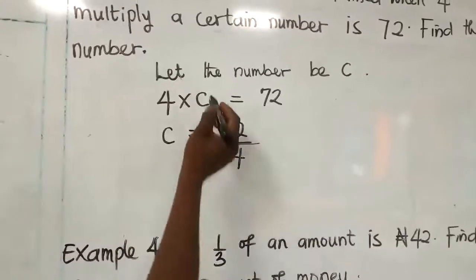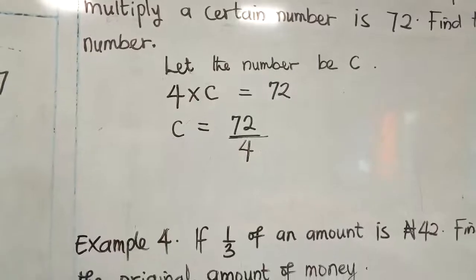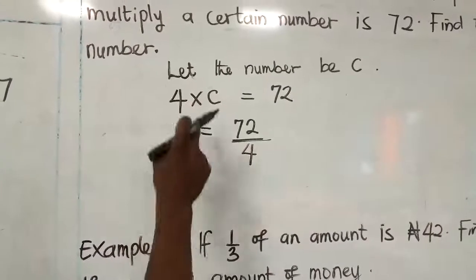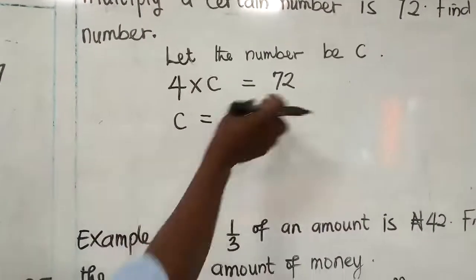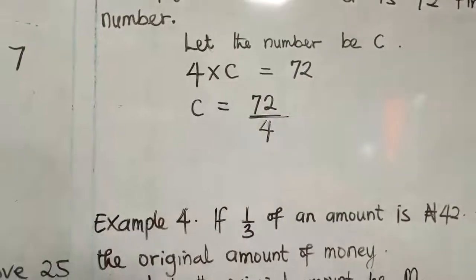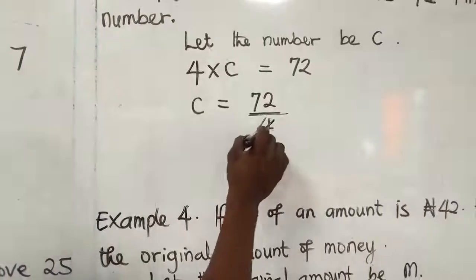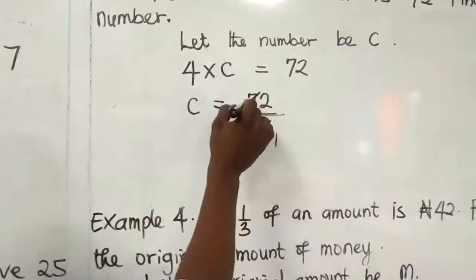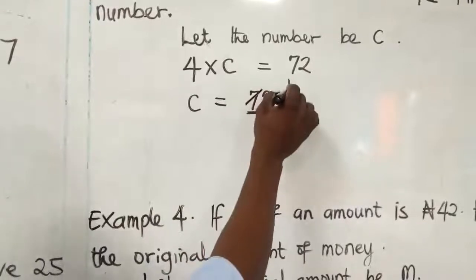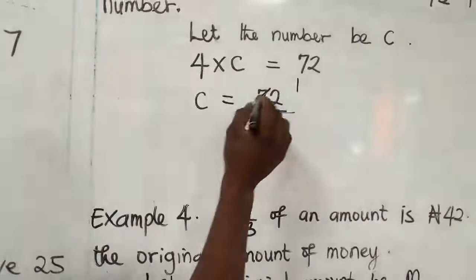Like I said before, we are going to use the inverse of multiplication, which is division, to get our answer. So our C now will be 72 divided by 4. 4 into 7 is 1. Then there will be a remainder, and the remainder is 3.